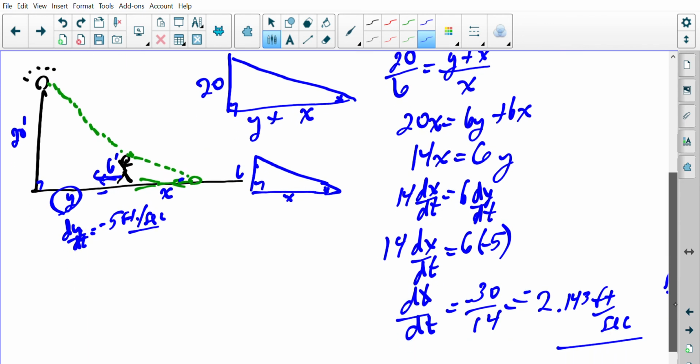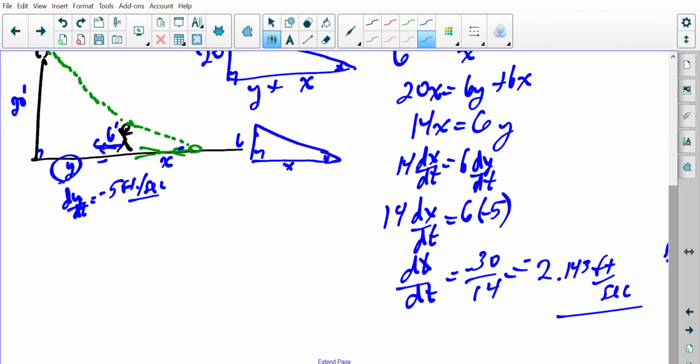In this scenario, you've got to now factor in, because the man, so the shadow is decreasing at 2.143 feet per second, so it's getting shorter, so it means it's coming this way. But at the same time that's happening, the man's also still moving. So when you put that all together, the shadow is always moving at the rate the man walks, because your shadow moves with you.